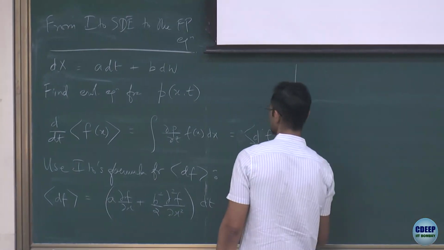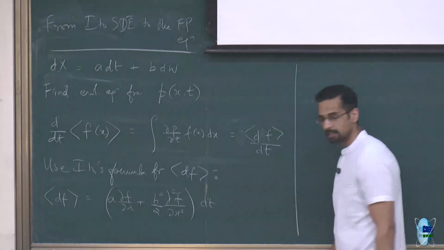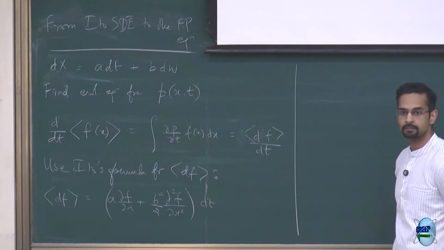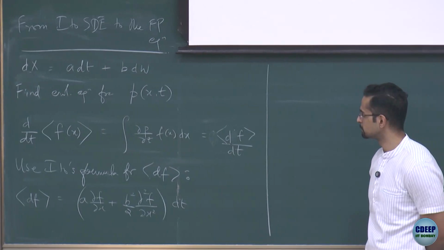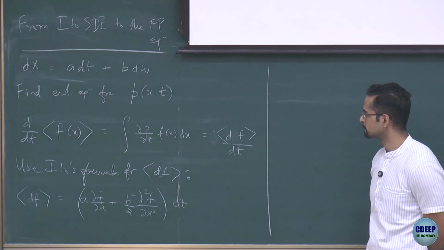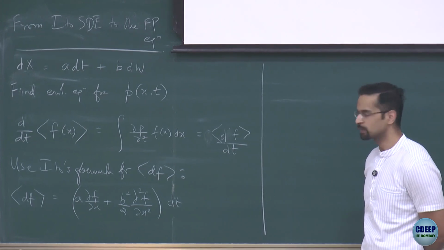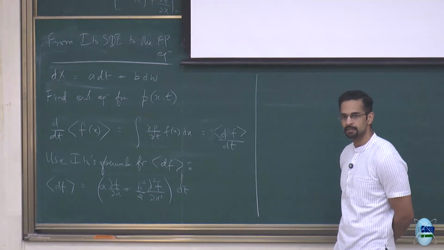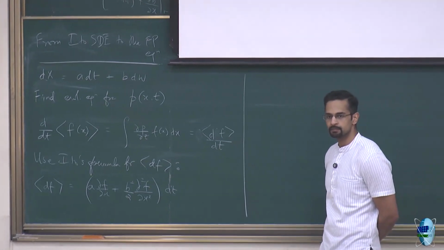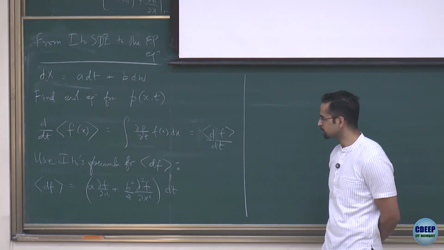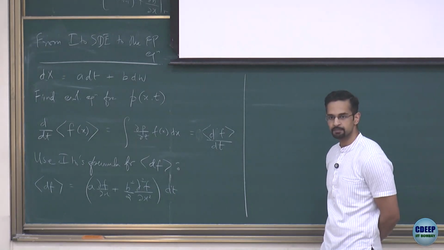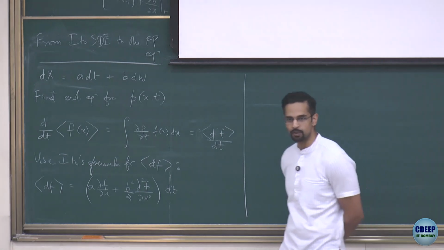And so therefore, what I get is, yeah. It is average, no? That's why it is. Right. So after taking the average, only this stuff will survive. Right? The dw will go off. That's what it means.